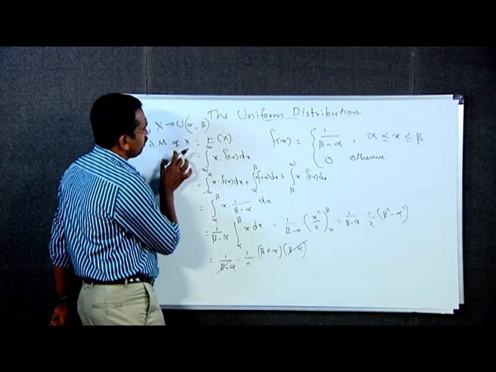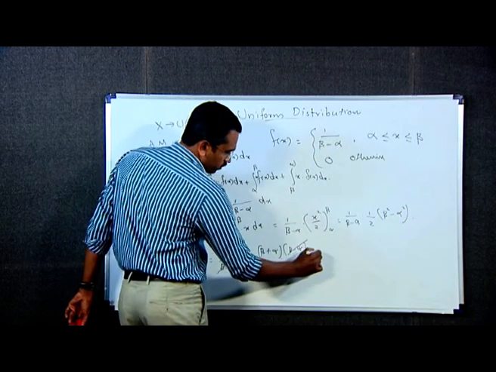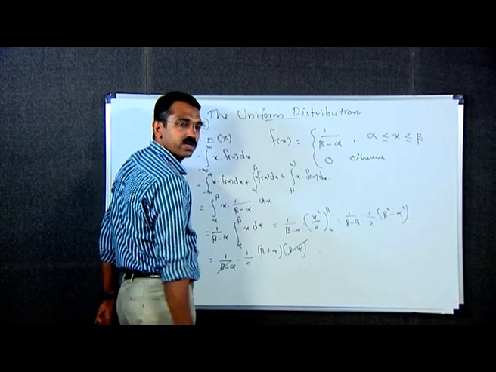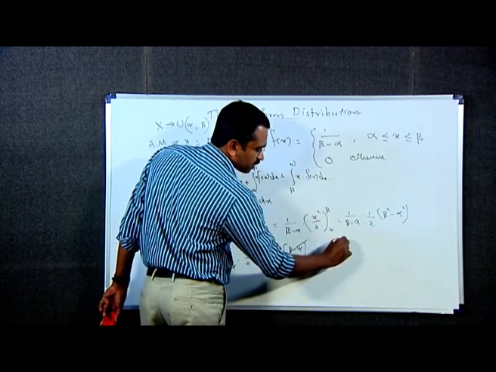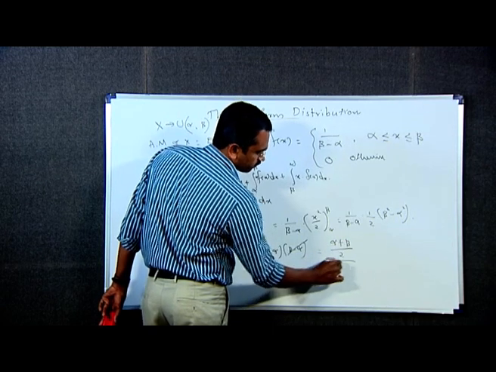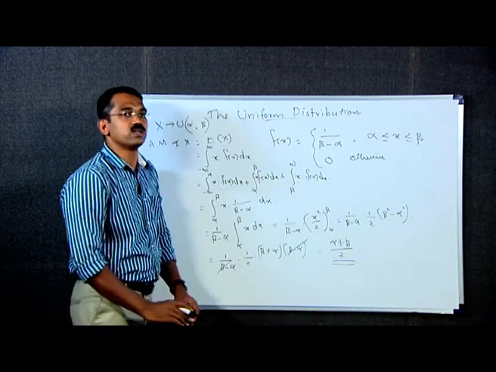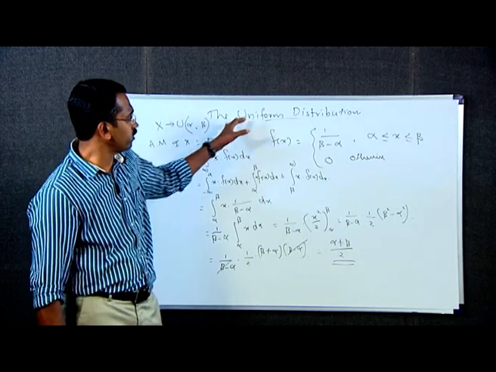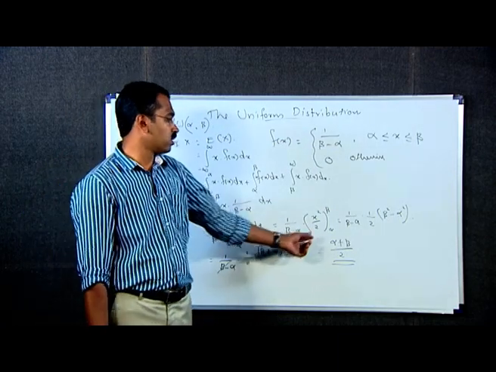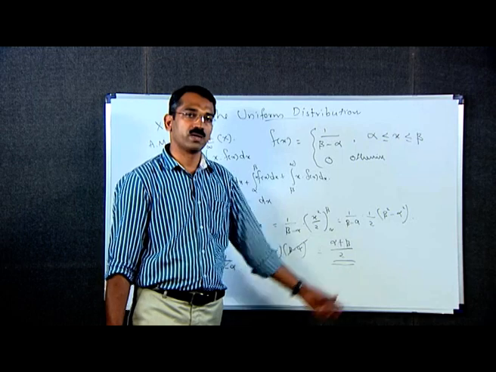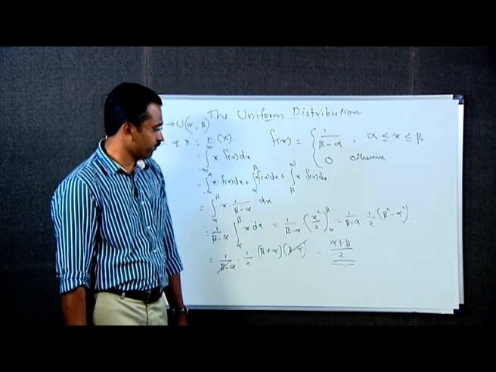Therefore, mean of x is equal to beta plus alpha divided by 2, or alpha plus beta divided by 2. That is, the arithmetic mean for a uniform distribution is the average of the two parameters alpha and beta.